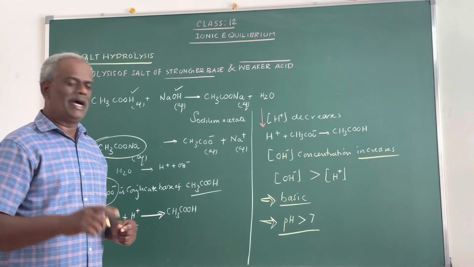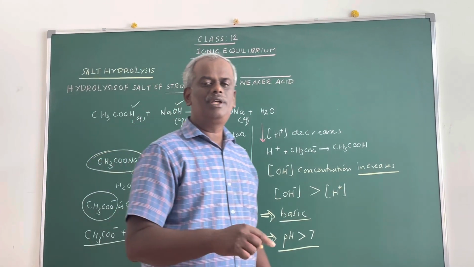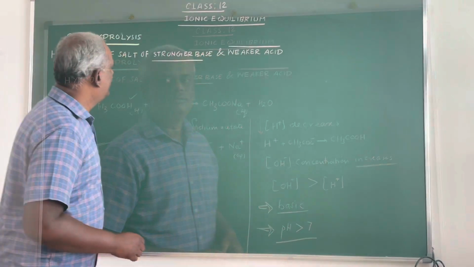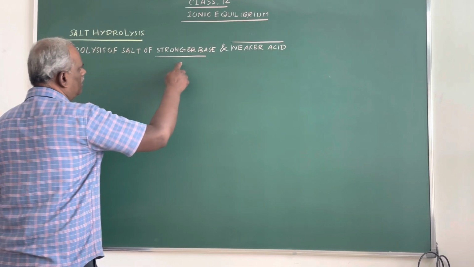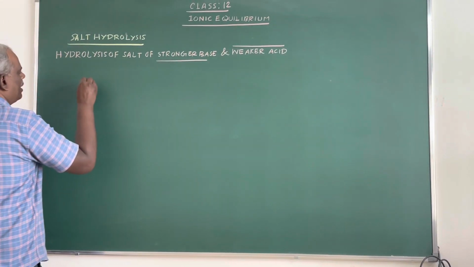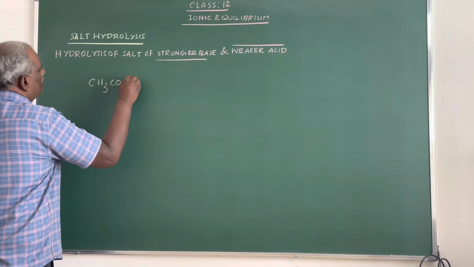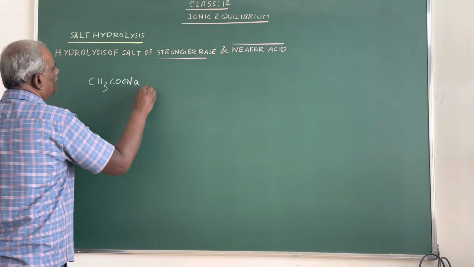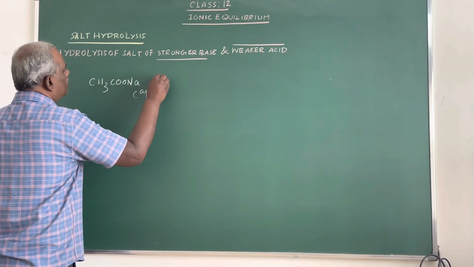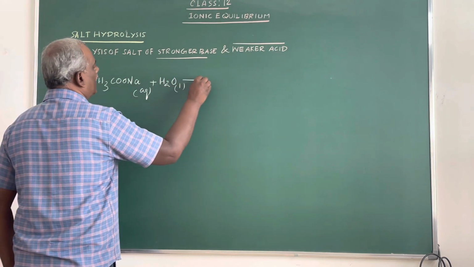And we can relate the hydrolysis constant as well as the dissociation constant of the weaker acid as follows. Consider the salt of stronger base and weaker acid, and we have taken this example, CH3COONa, the sodium acetate. When it is in contact with water, what is happening?